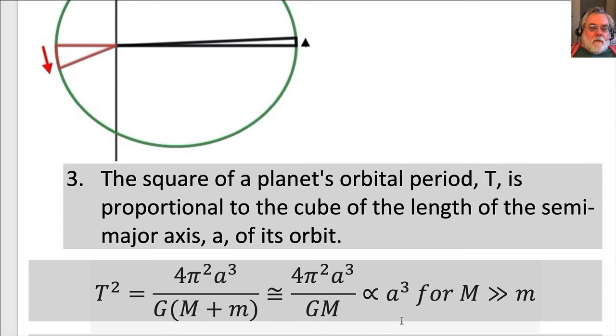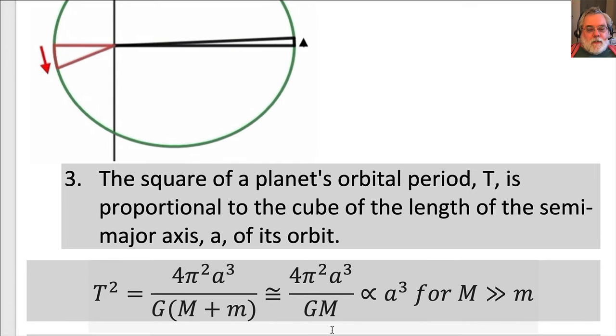When the mass of the more massive object is much larger than the smaller mass, then this denominator is very close to GM, capital G, capital M, and so becomes nearly independent of the smaller mass.